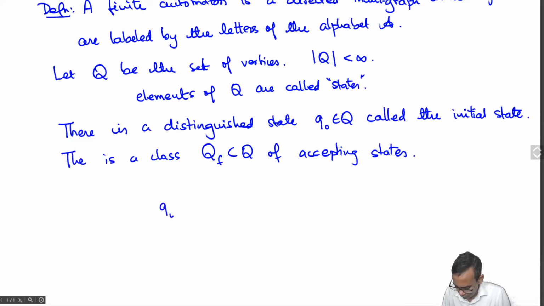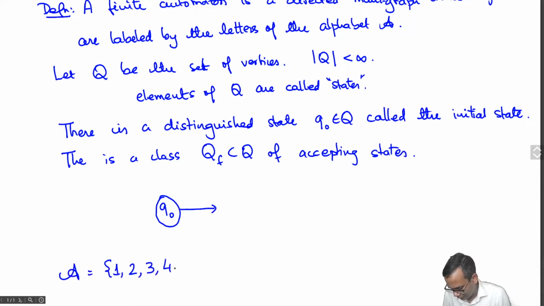So we have Q0, an initial state, and then we have, let's say our alphabet is 1, 2, 3, 4. So I'm allowed to label my edges by the numbers 1, 2, 3, 4. So if I'm at Q0, if I see 1, I go to the state Q1.